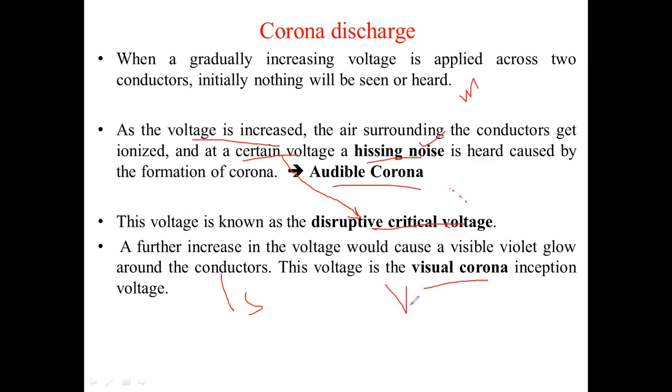The disruptive critical voltage for the visual corona is represented by VV, while the disruptive critical voltage for the audible corona is represented by V naught. VV is always greater than V naught.